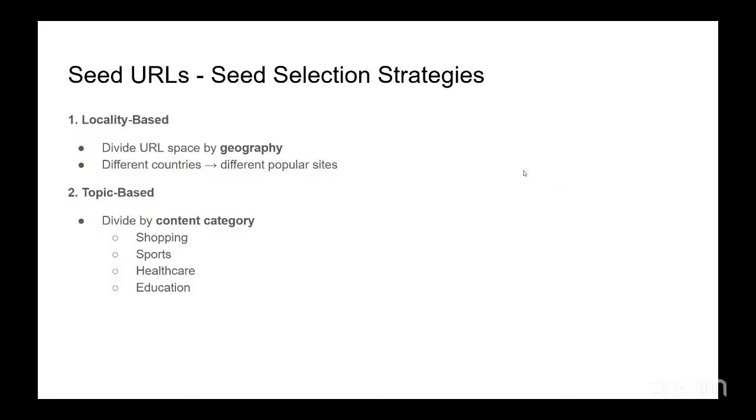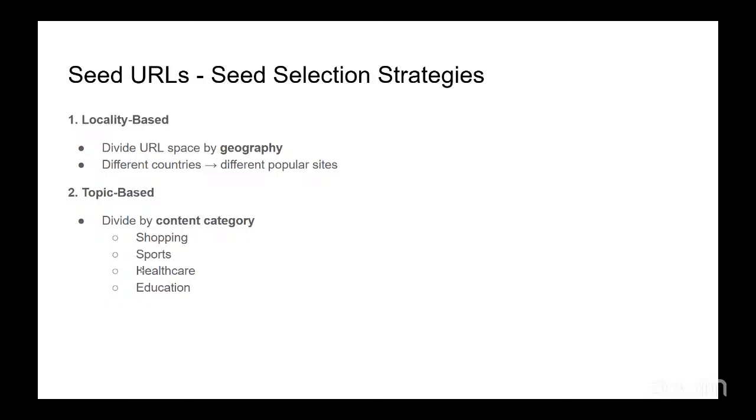We can also make it more granular. Maybe within USA, I want to select these URLs from this specific state, and so on. We can select the popular sites, right? Because we want to have as much coverage as possible, so we will select sites that are popular.